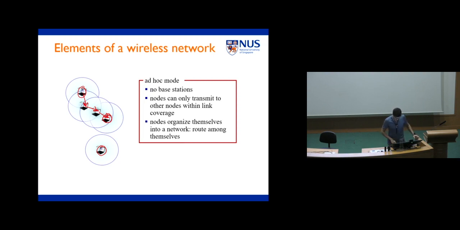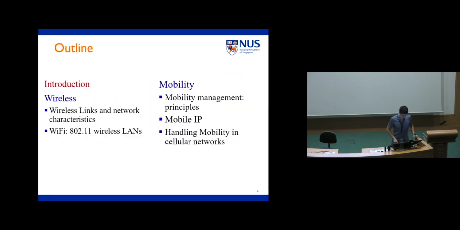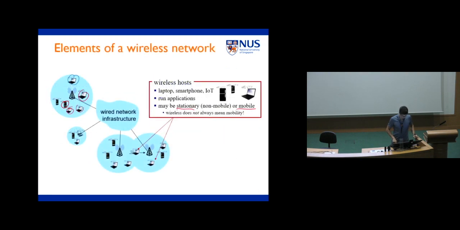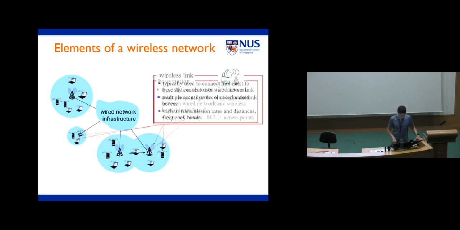Okay, so that was just some terminology. To repeat very quickly, we had wireless hosts. These are all these devices that connect to the internet, not necessarily internet, that connect to the network. We have base stations that are typically connected to the wired network, and they are responsible for relaying data to and from these wireless hosts.